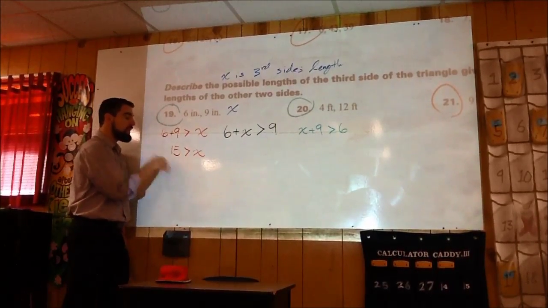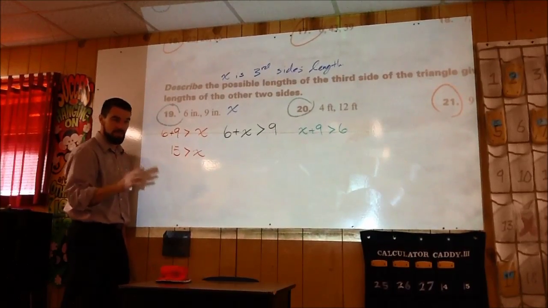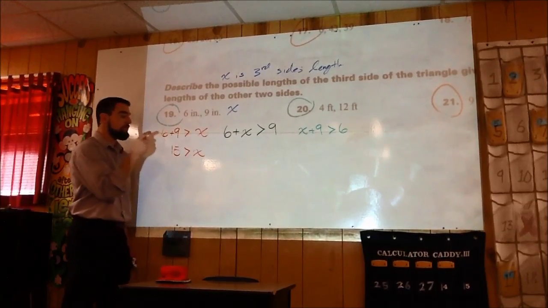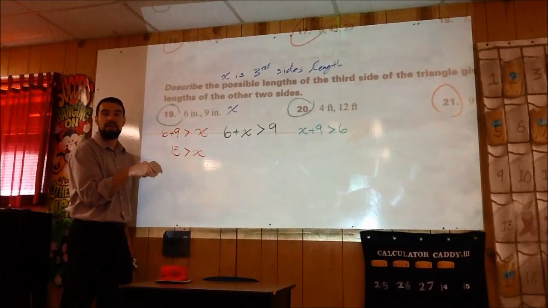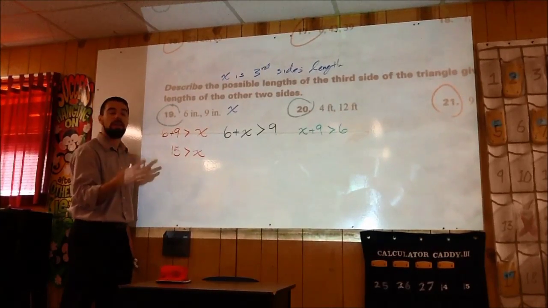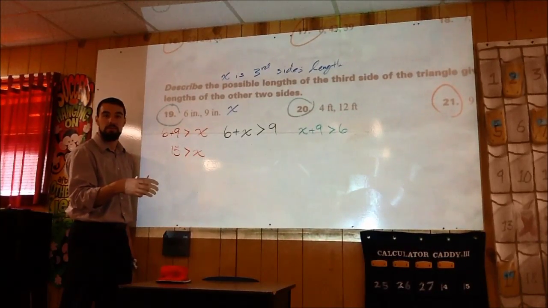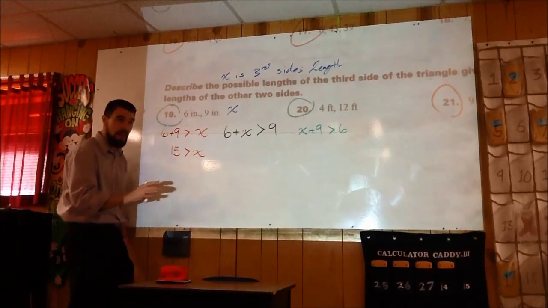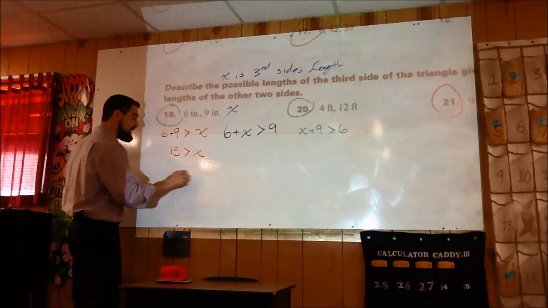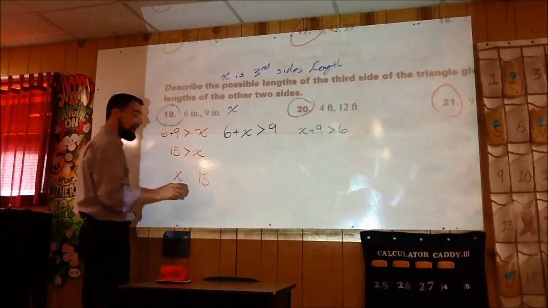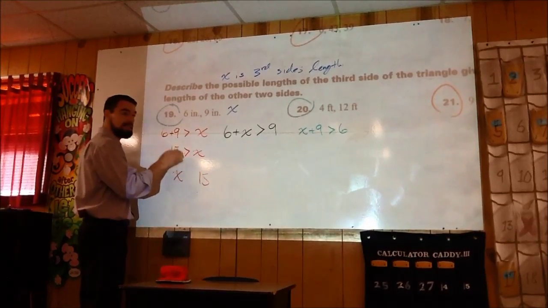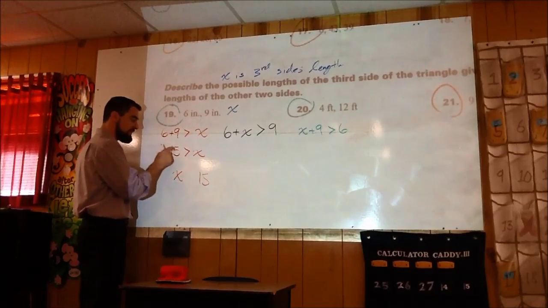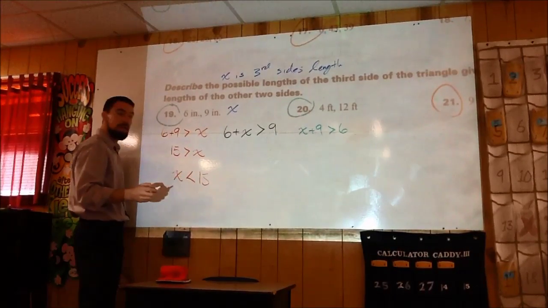When you switch an inequality, everything has to switch. Which value is the symbol opening up to right now? 15. Okay, 15. So when you switch it, it's got to stay that way. So I'm going to put x on the left and 15 on the right. Well, the inequality needs to stay opening up to 15, so that's why the symbol is going to switch as well.